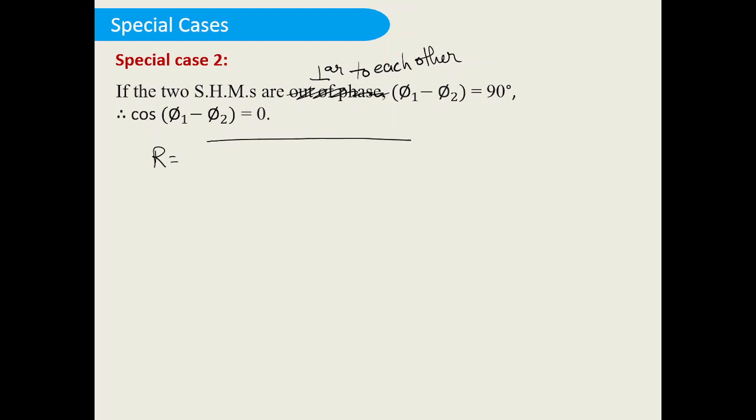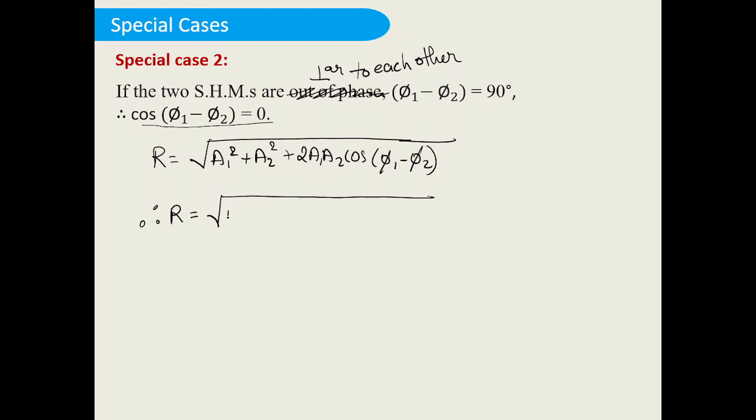So what is the value of r then? R is equal to under root of a1 square plus a2 square plus 2a1 a2 into cos of phi 1 minus phi 2. This was the formula for resultant amplitude. But in this case, cos of phi 1 minus phi 2 is equal to 0, so this term is equal to 0. Therefore, r is equal to under root of a1 square plus a2 square.